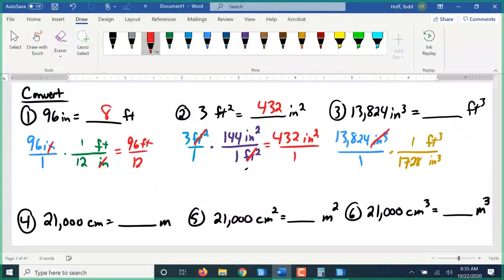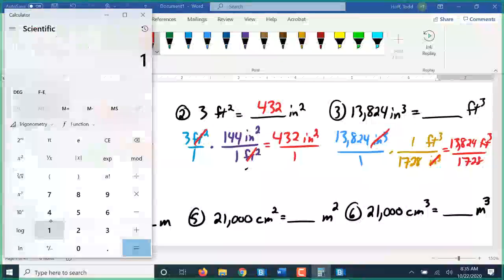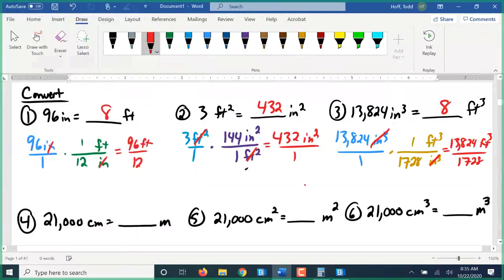So the cubic inches cancel out. 13,824 times 1 cubic foot is 13,824 cubic feet. 1 times 1728 is 1728. We divide that out. 13,824 cubic feet divided by 1,728 is 8 cubic feet.